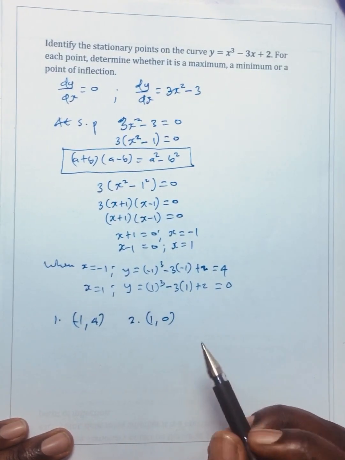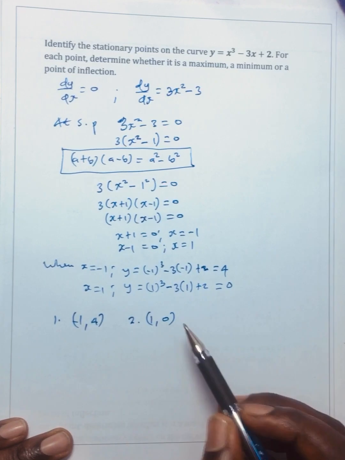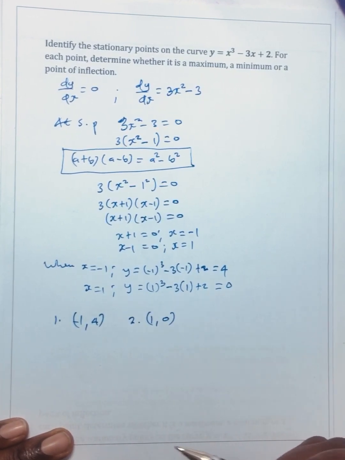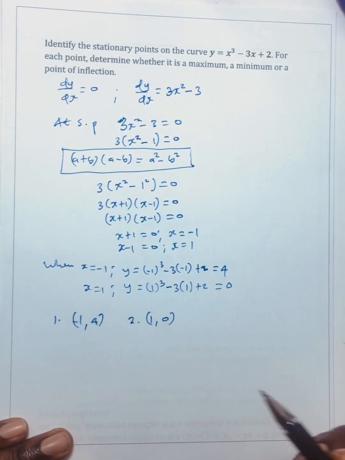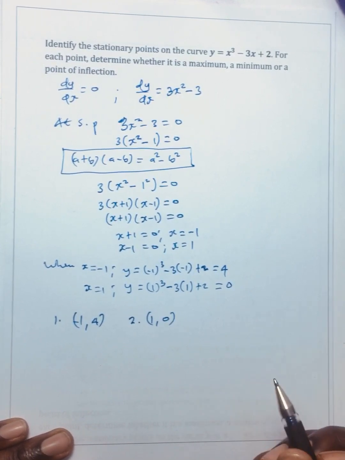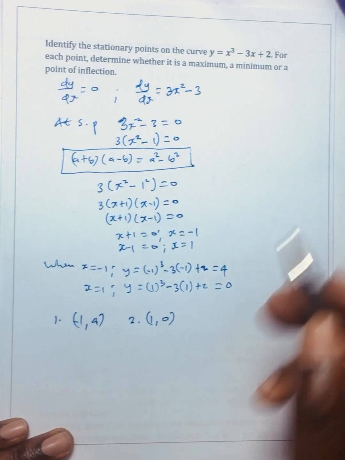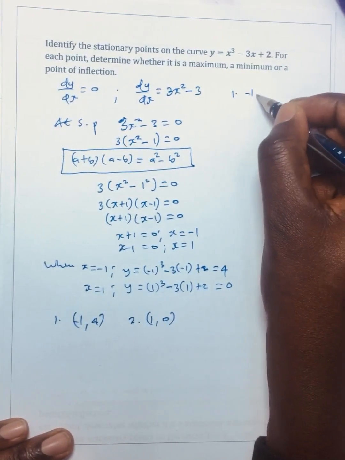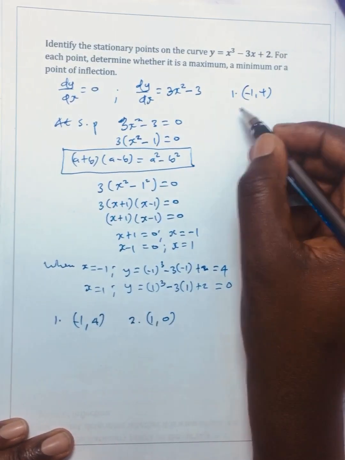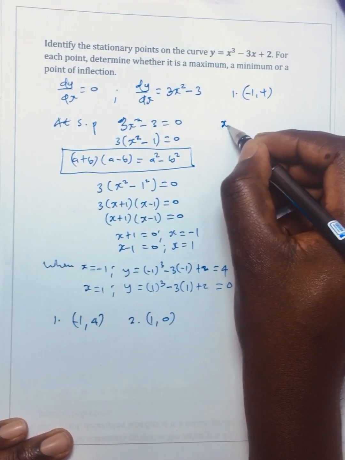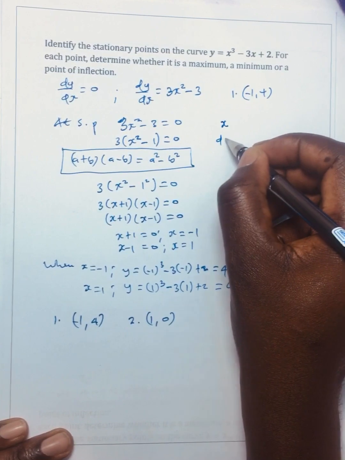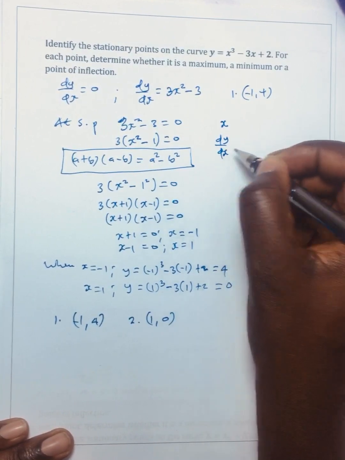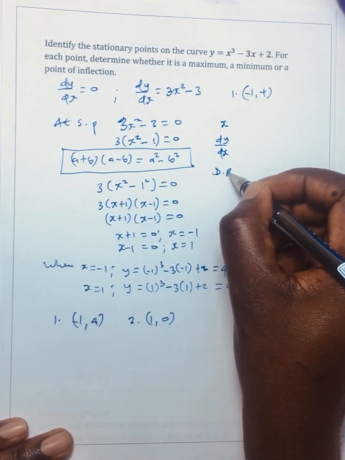So we are going to determine which one between the first one and the second one is a maximum and which one is a minimum. So what we are going to do, we are going to draw a diagram. So for the first case where we have negative 1, 4, we are going to have the value of x, the value of dy/dx, and then the diagrammatic representation there.